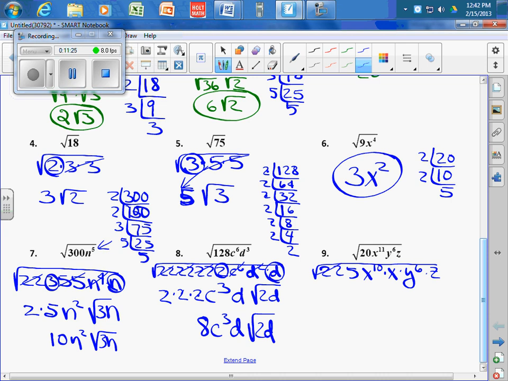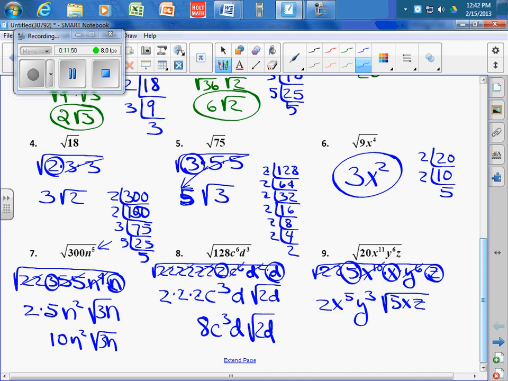Now, the 2 times 2, we get to bring out a 2. The 5 stays behind. It doesn't have a partner. X to the 10th becomes x to the 5th. The x will stay behind. Y to the 6th becomes y to the 3rd when I take the square root of it. And the z stays behind. So inside the radical, I'm going to have 5xz.